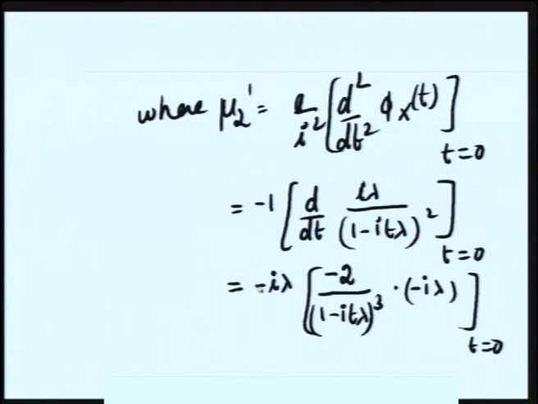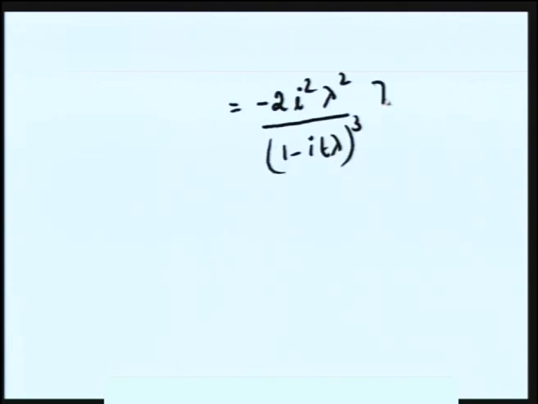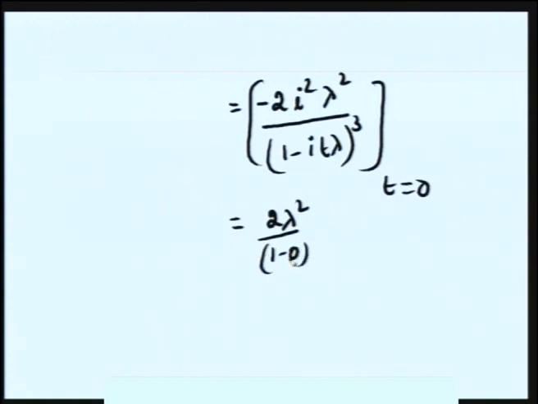Okay. So, this minus into minus into minus becomes minus, and i into i is i square, and lambda into lambda is lambda square. This is minus 2 i square lambda square by (1 − itλ) whole cube. This you have to put at t equal to 0. i square is minus 1 and it becomes 2 lambda square by (1 − 0) whole cube, which is equal to 2 lambda square.